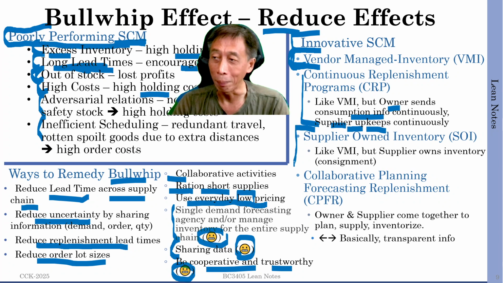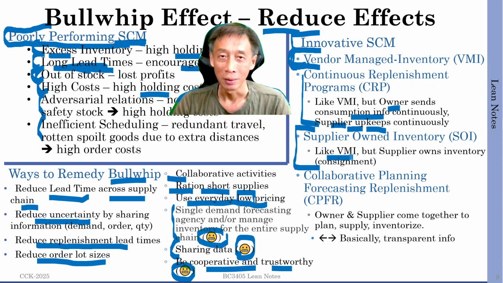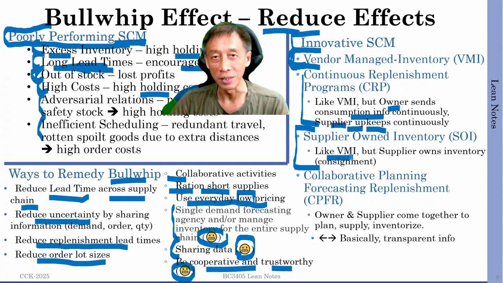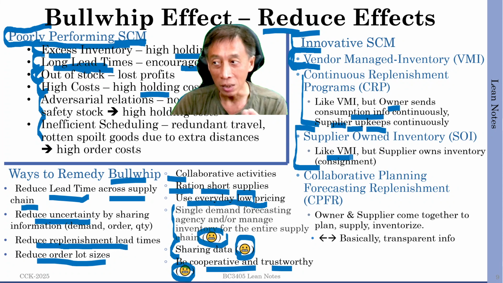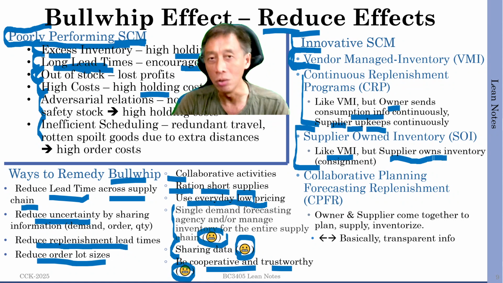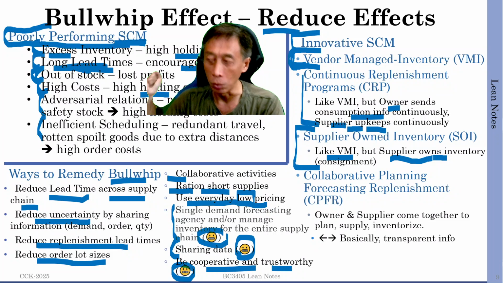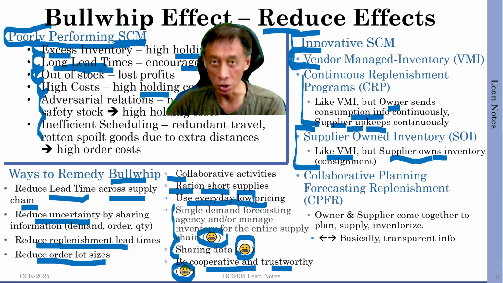Or you have supplier owned inventory, right? In terms of action, exactly like VMI, right? So the supplier will have his personnel go and count, decide how much to refill. The only difference is the supplier doesn't charge the owner until such time when it is being used or when it is being sold. So the supplier will refill. Yes, the supplier will put the packs there on the shelf, but the supplier doesn't invoice or charge the owner right away.